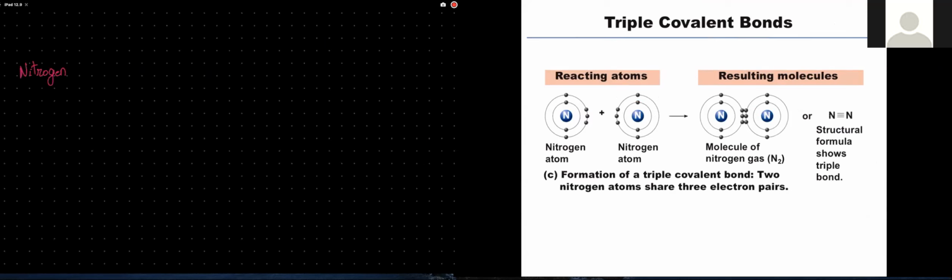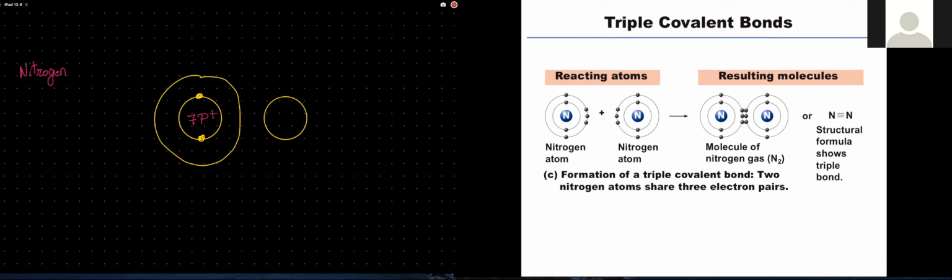The nitrogen has 7 protons and it's going to have 7 electrons, 2 in the innermost valence shell and 5 electrons in my outermost valence shell.